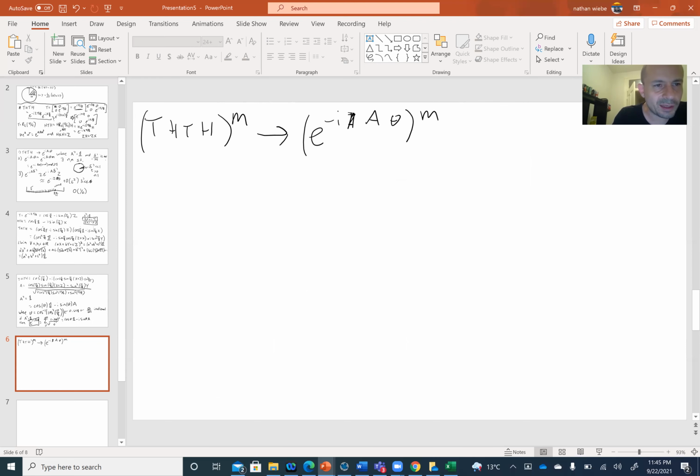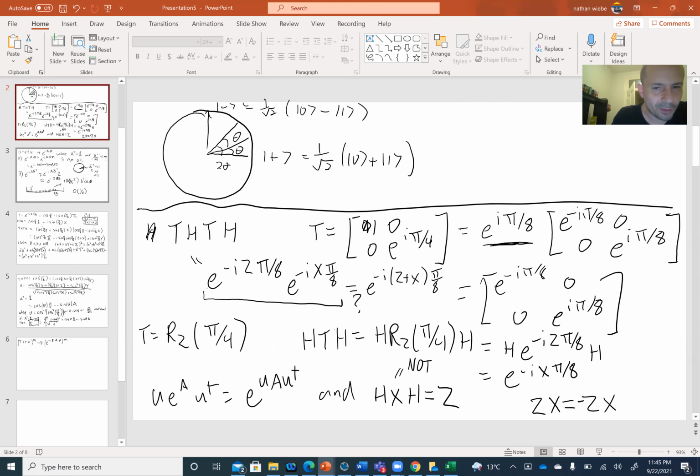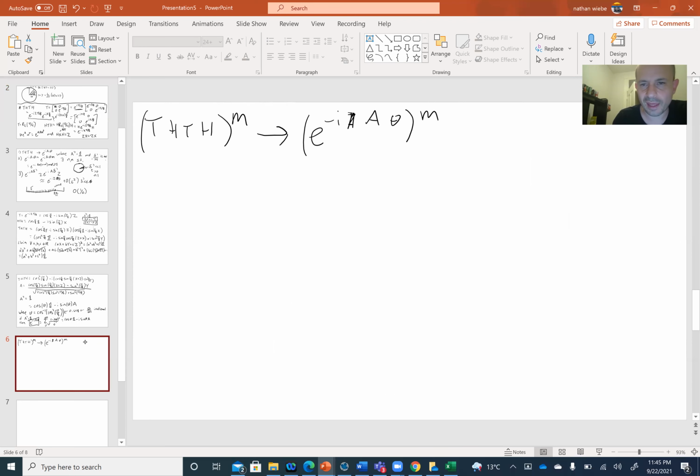And by repeating the argument we had up here for how to square a rotation, we end up seeing that the result we get is just e to the negative I n a theta. Cool.